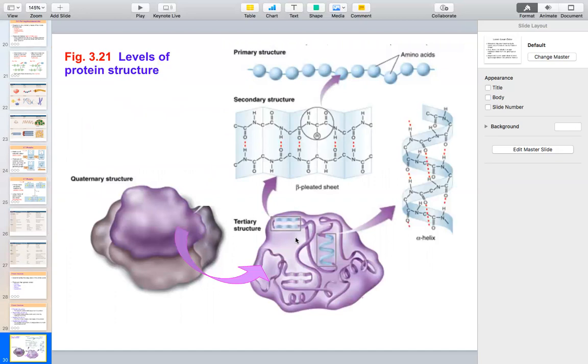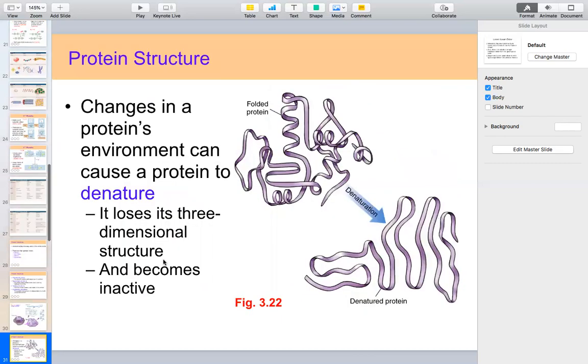The first level is this amino acid chain, the polypeptide chain. The secondary structure is coiled up in either an alpha helix or a beta pleated sheet. In the tertiary structure, they're all sticking together and forming a knot, with hydrogen bonds helping hold these together. And then in the quaternary structure, you have multiple tertiary structures coming together to make this enzyme that might function in some way. And that's where this is all taking place.